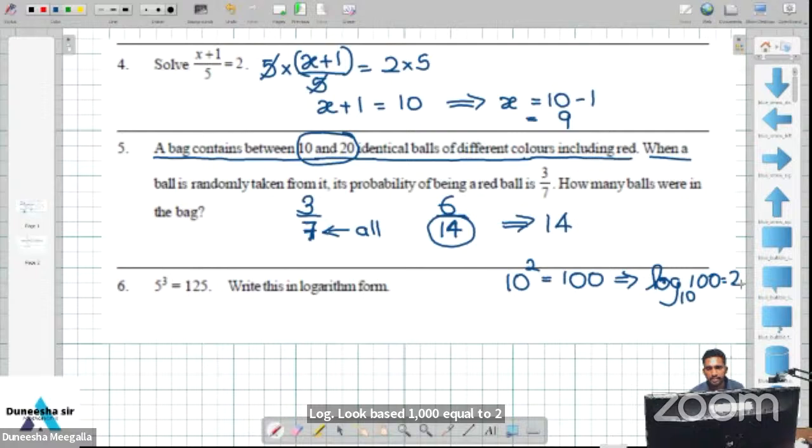Can you find the logarithm form of 5 to the power 3 equals 125?